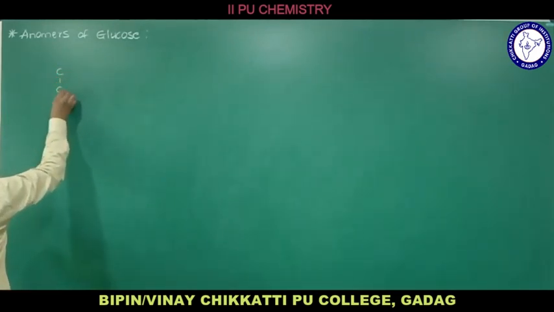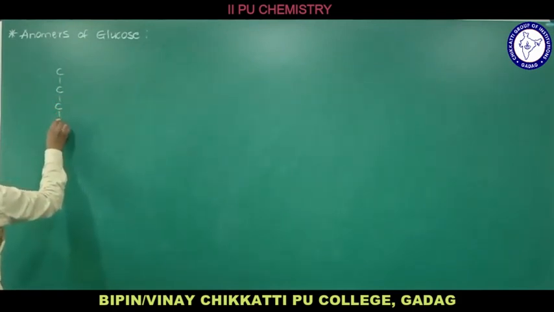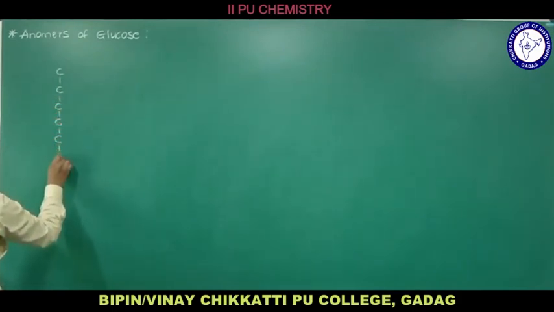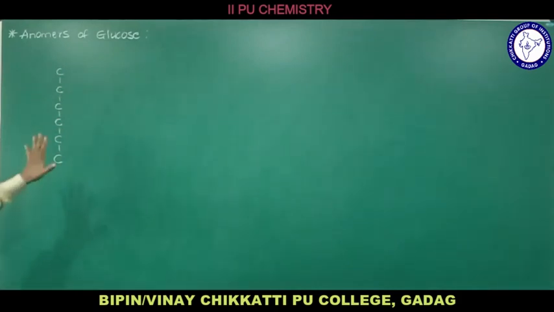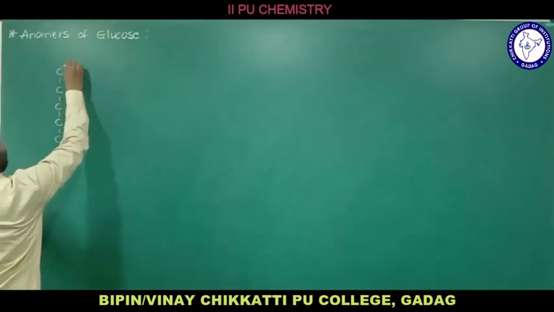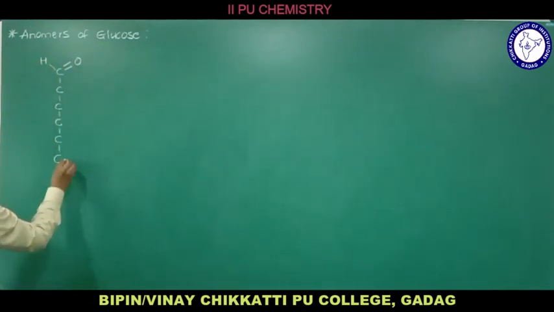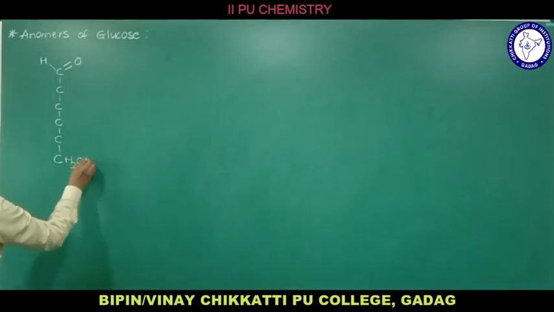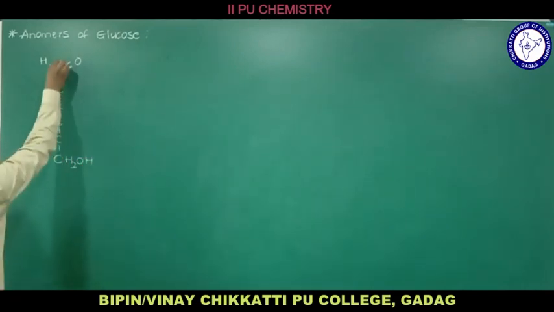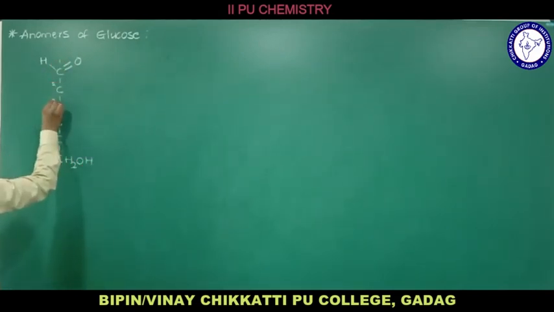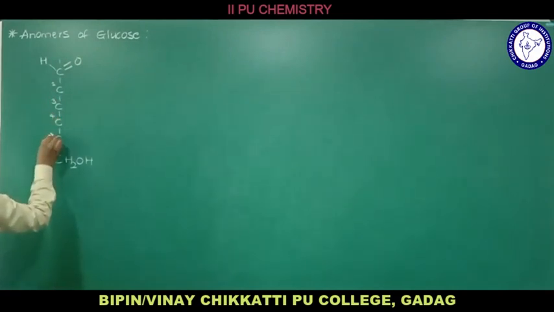So 1, 2, 3, 4, 5, 6. Six carbons in a straight chain we have, and just to imagine how I explain, at the top we have CHO, isn't it? And at the bottom we have CH2OH. Numberings are very important: carbon number 1, 2, 3, 4, 5 and 6.